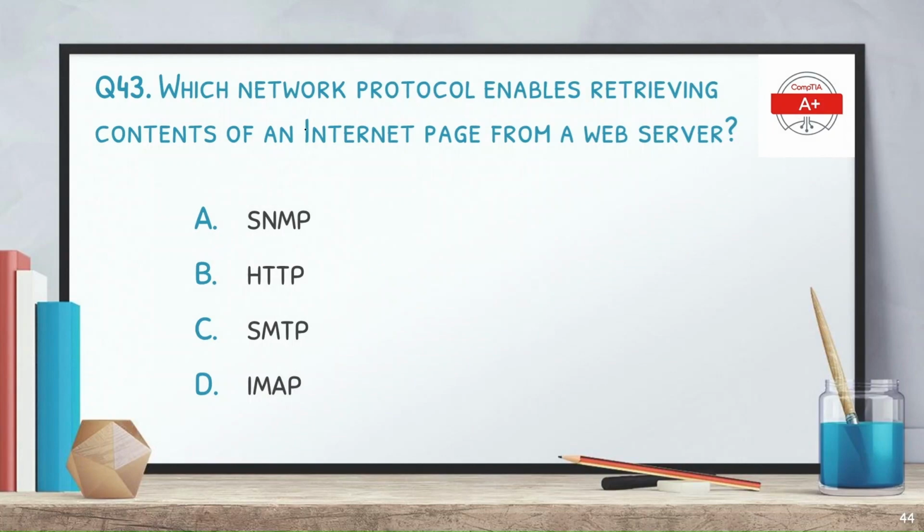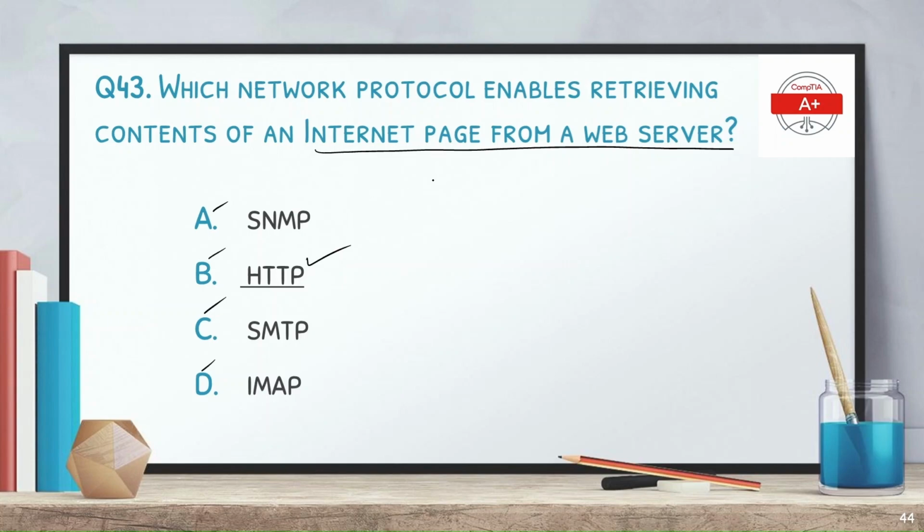Question number 43: which network protocol enables retrieving contents of an internet page from a web server? The options are A, SNMP, B, HTTP, C, SMTP, and D, IMAP. The correct option is HTTP, or Hypertext Transfer Protocol.